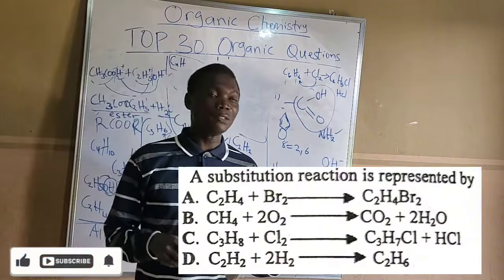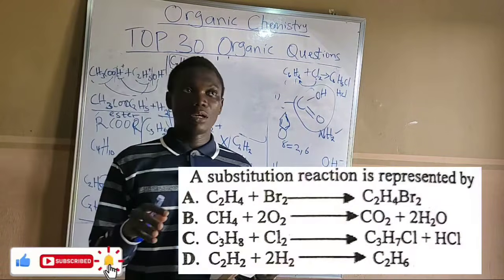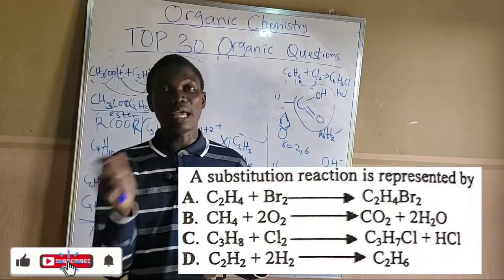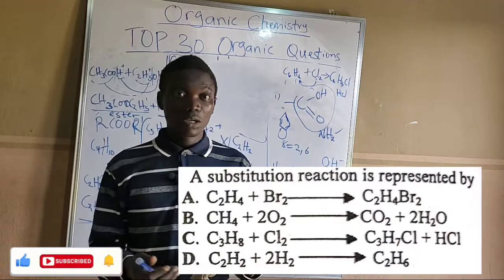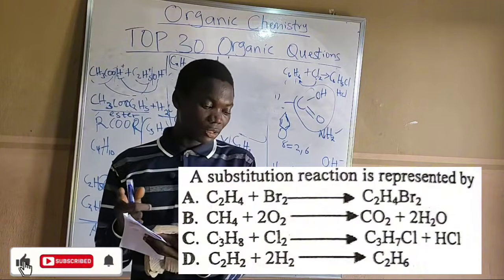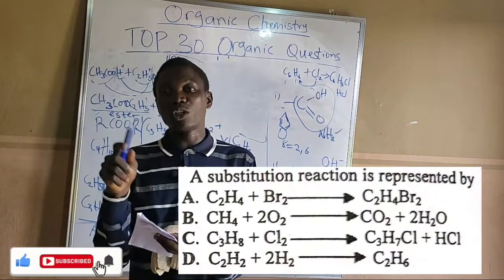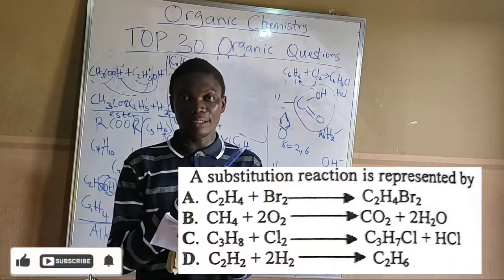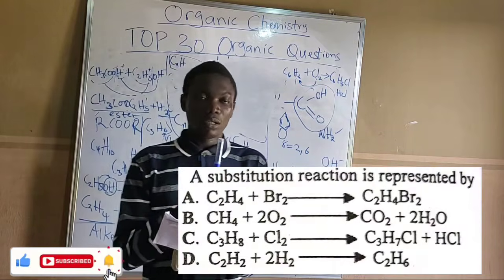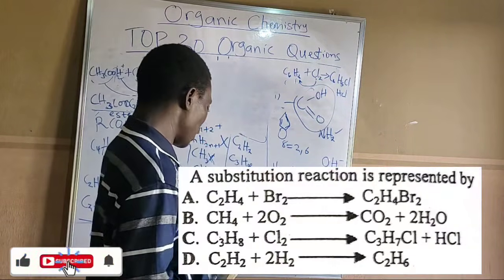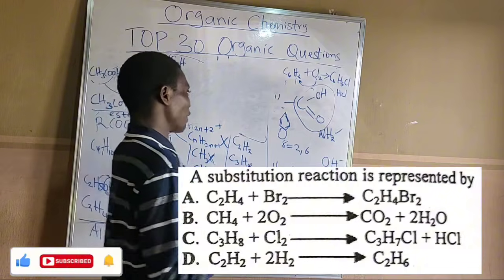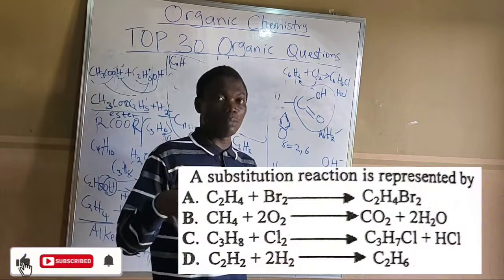Substitution reaction is when an alkane is reacting with a halogen, like chlorine or bromine. Option A would have been correct, but because that compound reacting with bromine is not an alkane, it is an alkene. So option C is the correct answer, and I've explained what substitution reaction is many times.